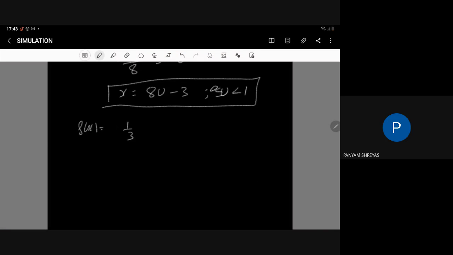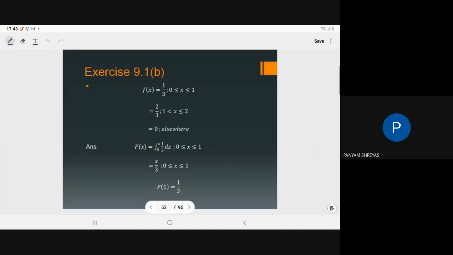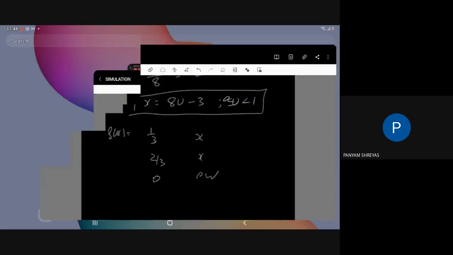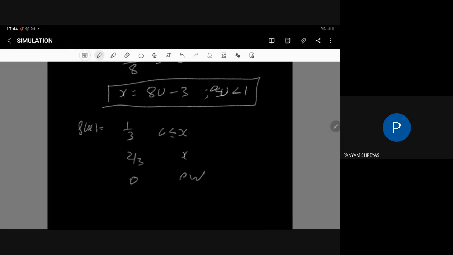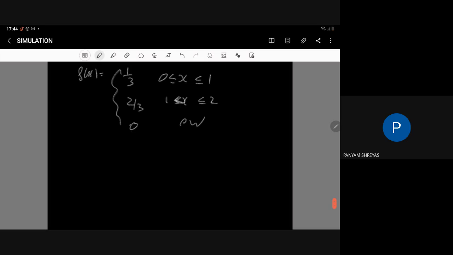It is given to you as fx equal to 1 by 3, 2 by 3, and it is 0 elsewhere, and the range is given to you 0 to 1, 1 to 2. This is your fx.